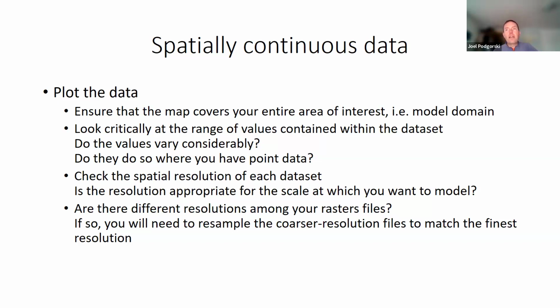You're not creating or losing any information. You're just reformatting the files so that you can use them in the end. But really, it's fine to use. If you have 30 arc-second resolution climate and 7.5 arc-second resolution soil data, totally fine. You just need to reformat, in this case, the climate data to merge with the soil data later.